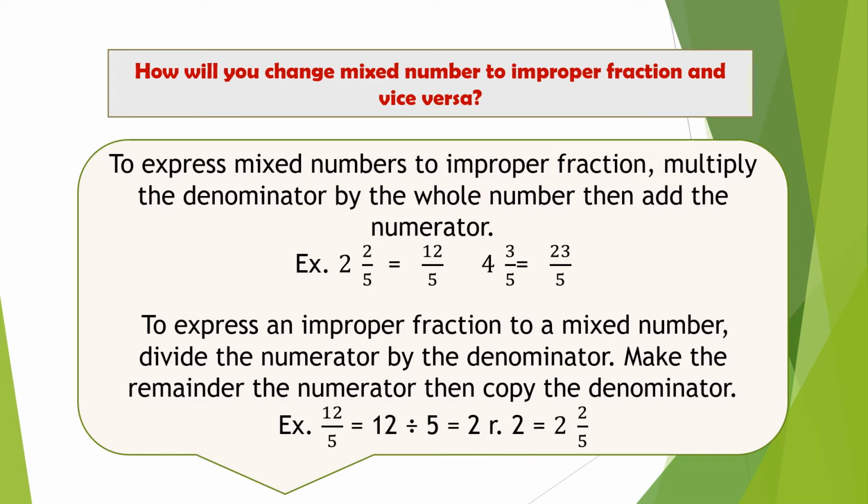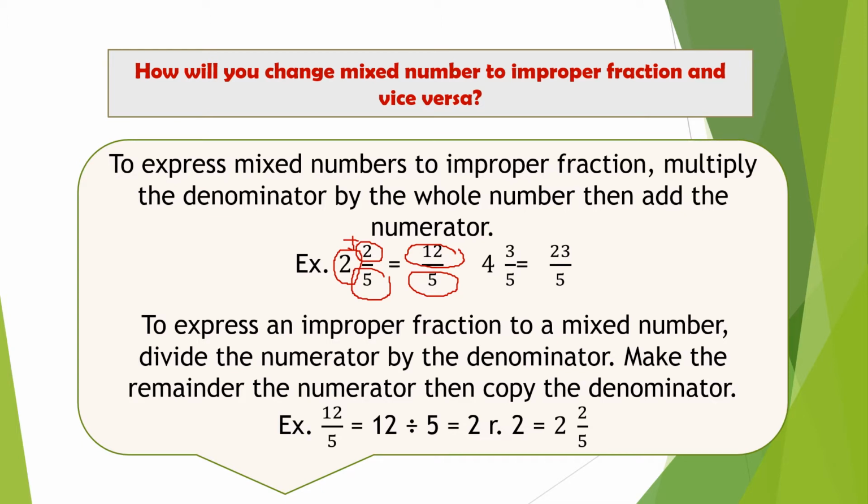Okay? So we have here the denominator, which is 5, multiplied by the whole number, which is 2, that is 10, plus the numerator, which is 2, and that is equal to 12. And copy the denominator 5, so the answer is 12 over 5.